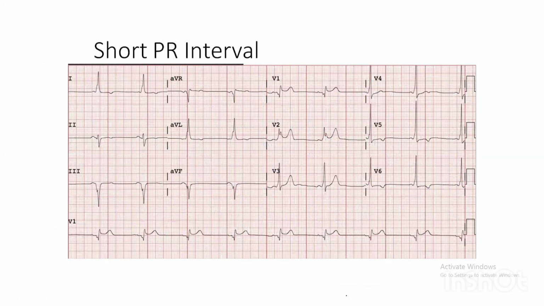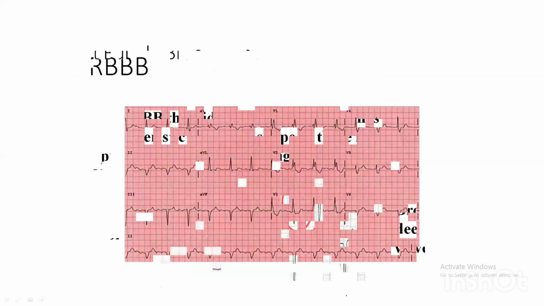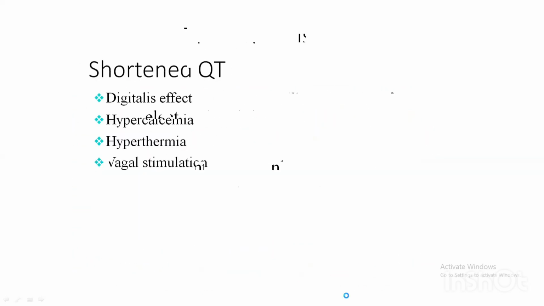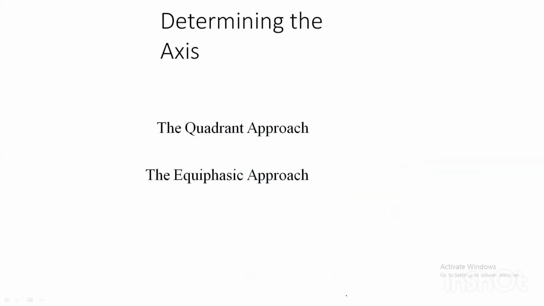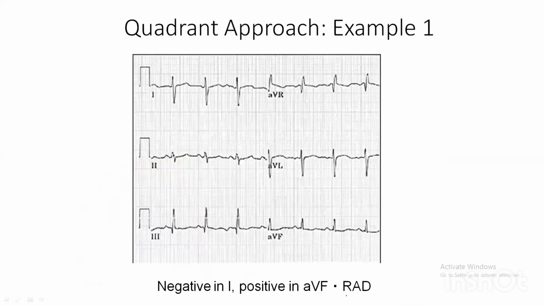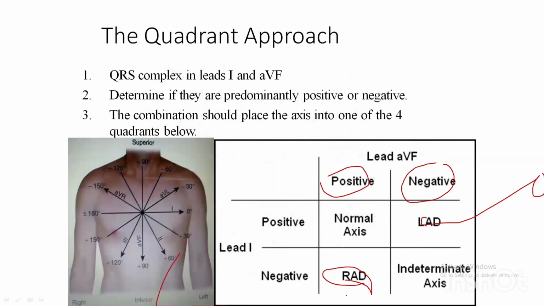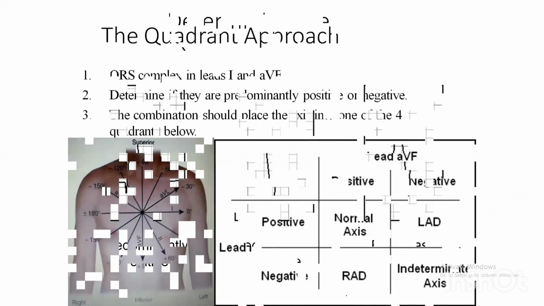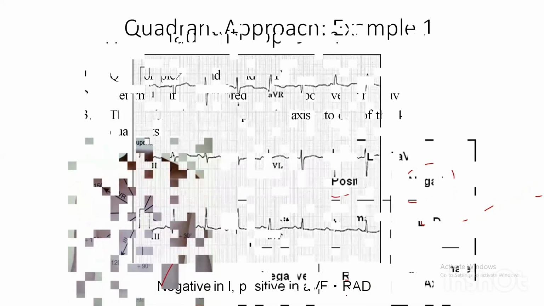So we have discussed how to find out the axis, and with these two methods, we can identify all the axes quite easily: the quadrant approach and the equiphasic approach. In the equiphasic approach, what we have said is that the axis lies 90° from the lead where it is equiphasic.